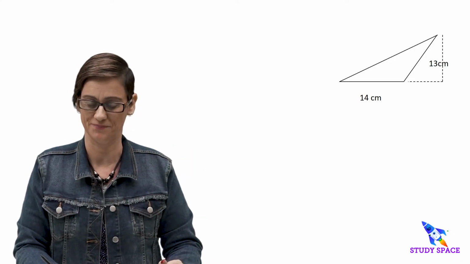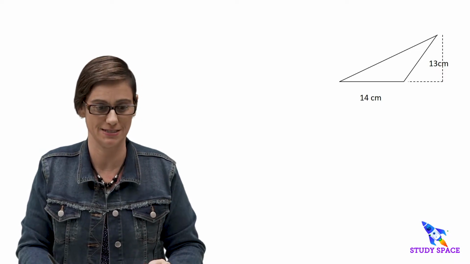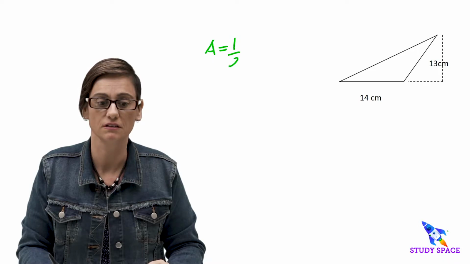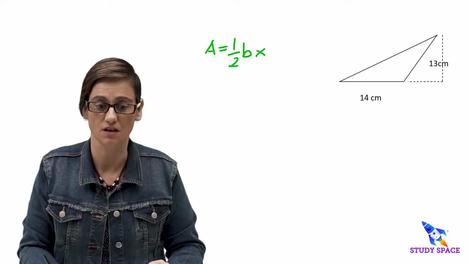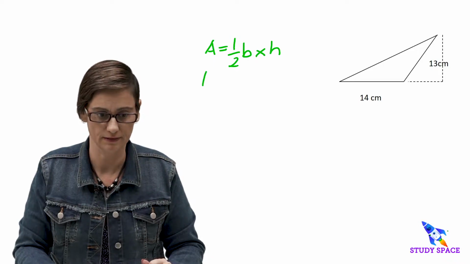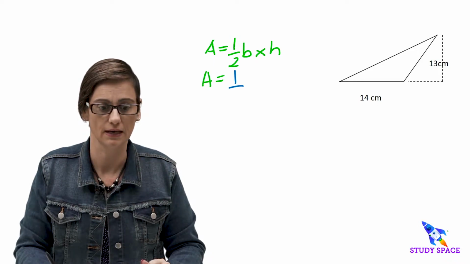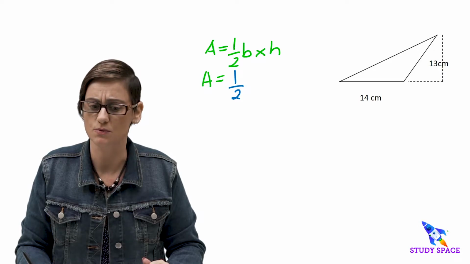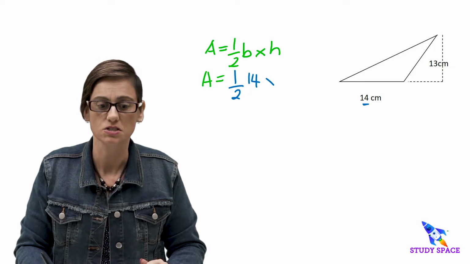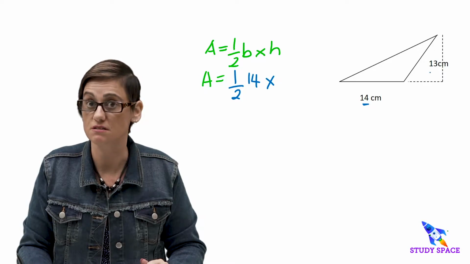Goodness gracious me. Okay, so let's have our formula first. So area equals half base times height. So let's put our numbers into our formula. Area equals half our base, which is 14, times our height, which is 13.